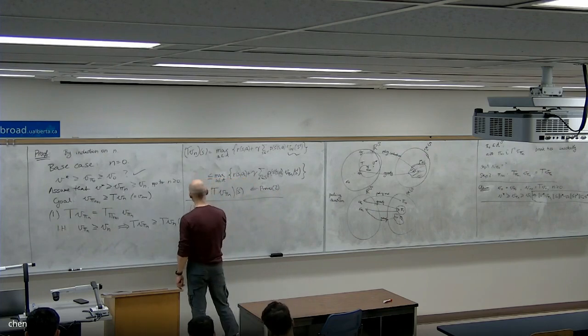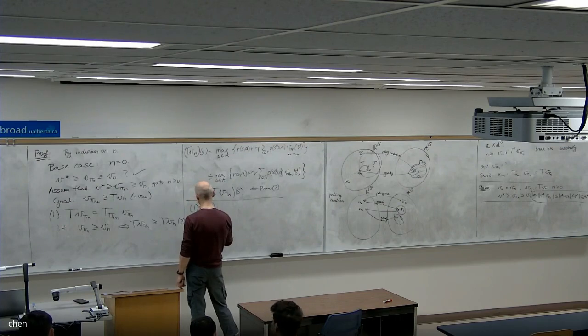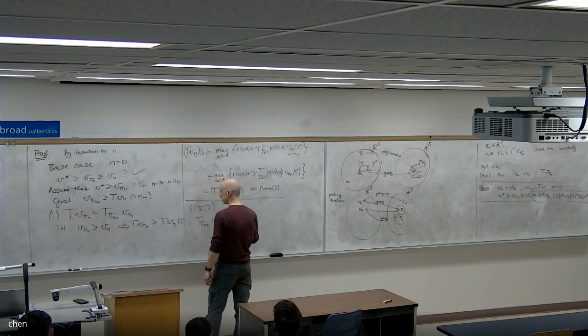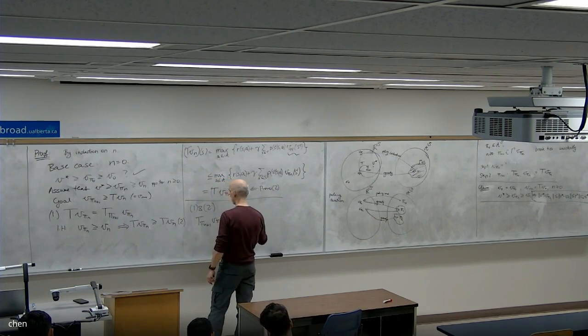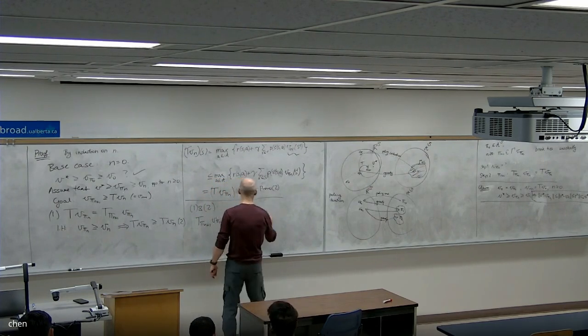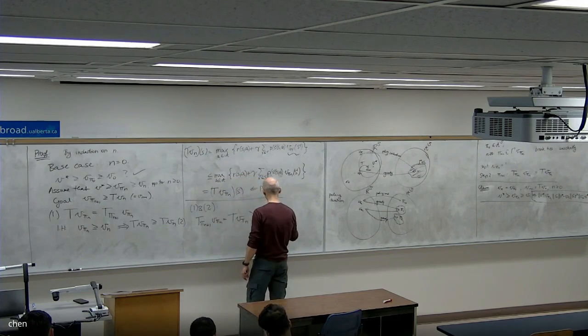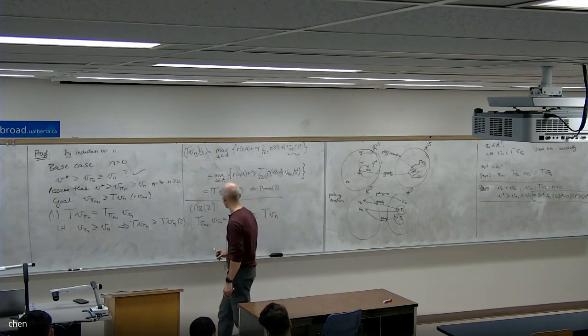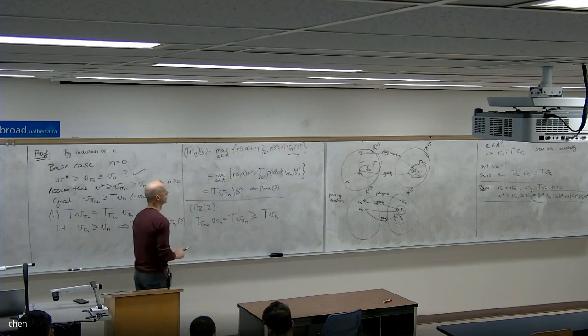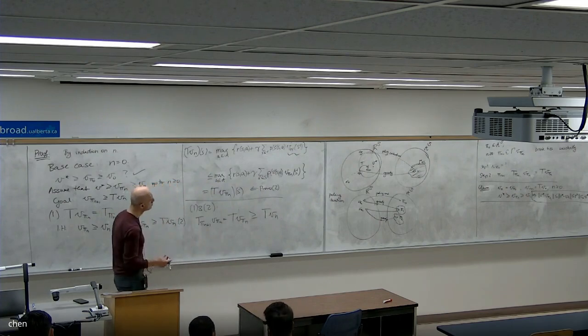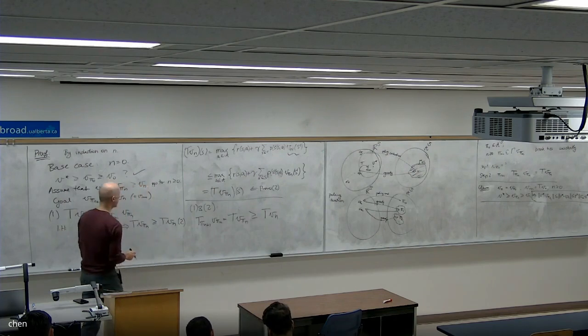And 1 and 2 together give you what? They give you that T of pi n plus 1, v pi n, is equal to T of v pi n, which is greater than or equal to T of v n.